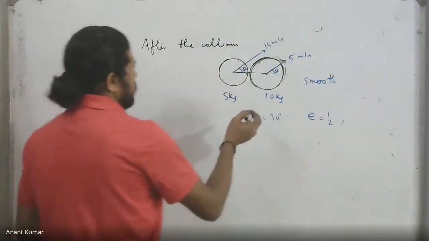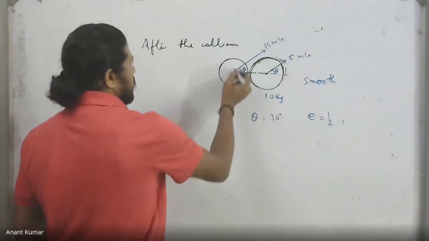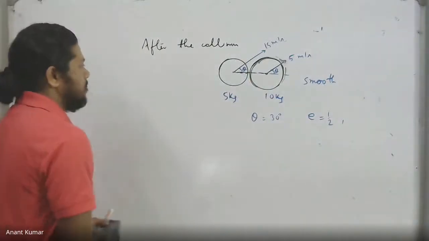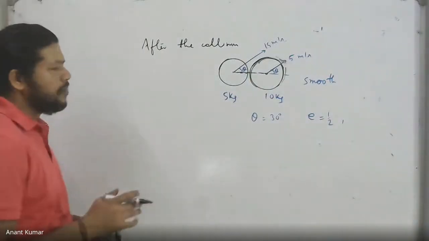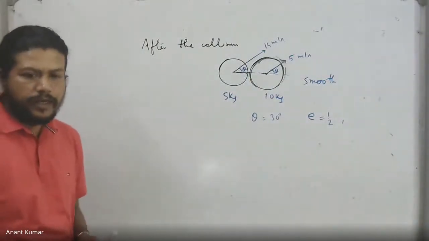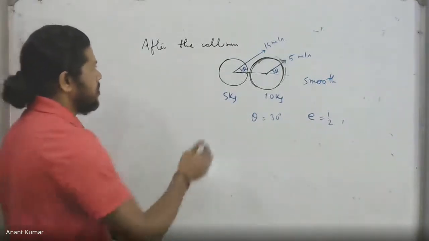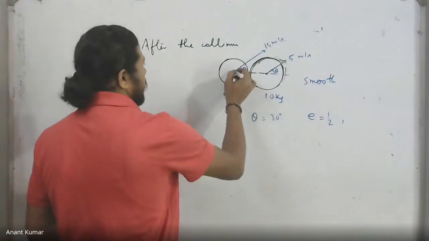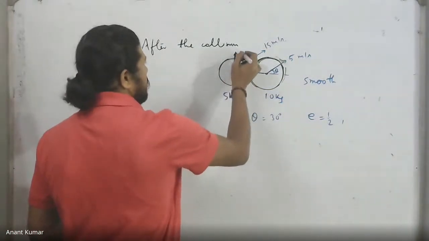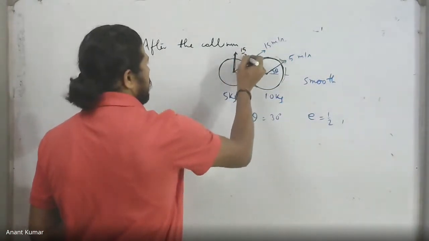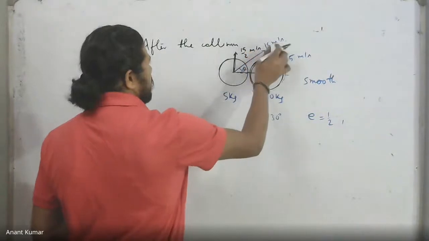After the collision, what would happen? I said already. In this direction, the velocity is remaining conserved, which implies you get 15 into sine 30 degrees, which is half in fact. So in this direction, the velocity remains conserved. This will be 15 by 2 meter per second.